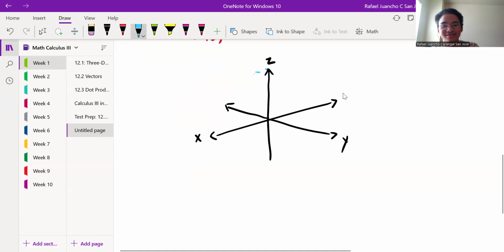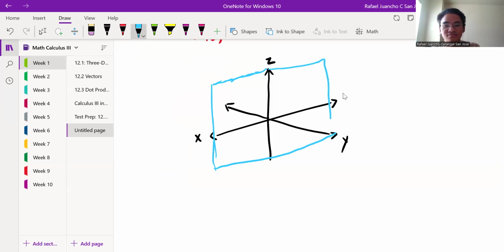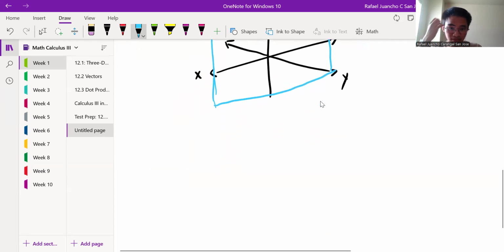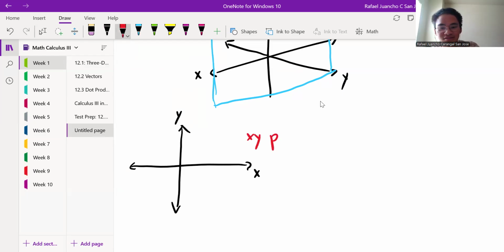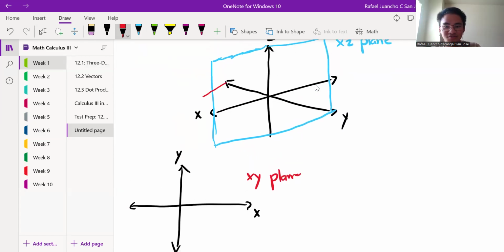This thing all the way to here. This is what we call our XZ plane. How do we know? Well, remember from earlier math, remember this was Y, this was X. We call this the XY plane, which is actually, funny enough, this is the XY plane.